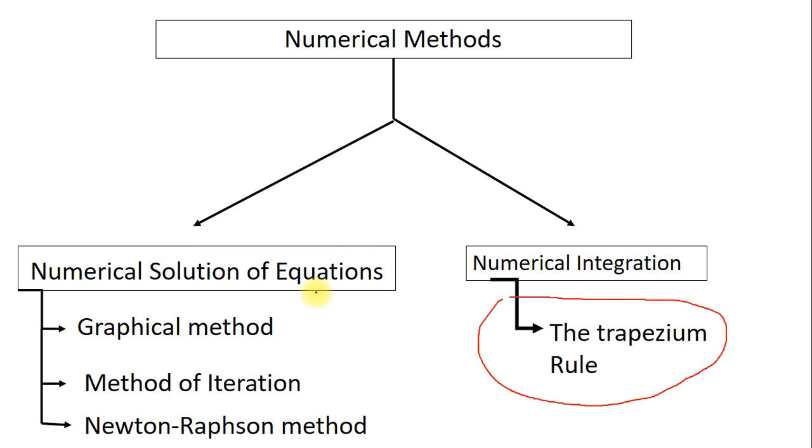Then we have learned the graphical method and the intermediate value theorem over here. Now, trapezium rule, which is used for numerical integration, whereas the graphical method is used for numerical solution of equation.